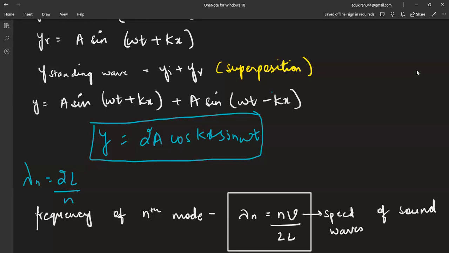This is for the open boundary. Yes, Harsha? This is for the open boundary.